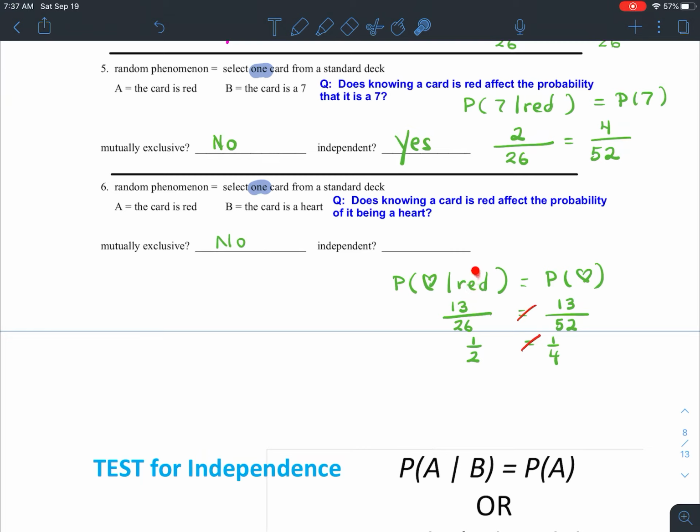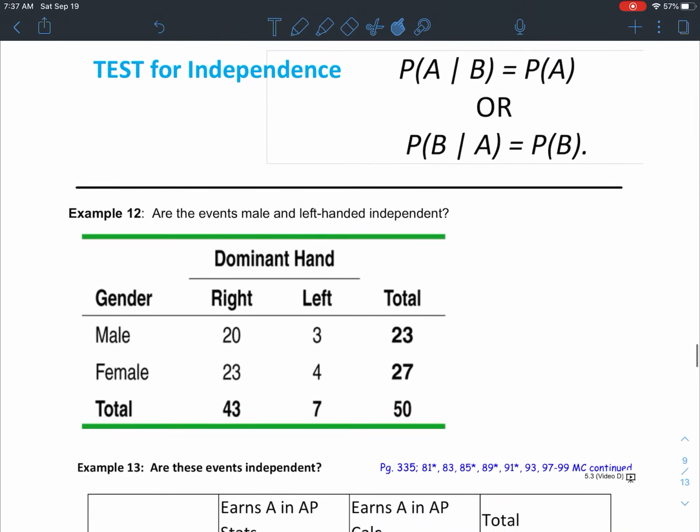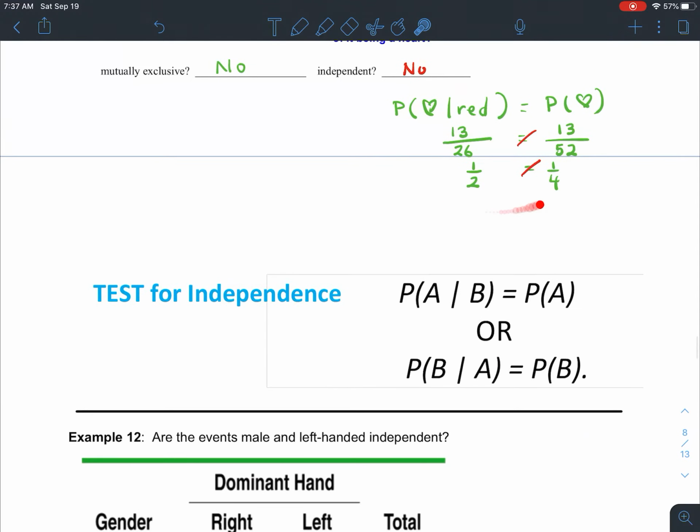Well, half of them. This side reduces to 1/2. So here I've shown that these are not the same. That means that knowing that the first card is red is actually changing and affecting the probability of it being a heart. So I'm going to say that these are not independent events. They are influencing each other.